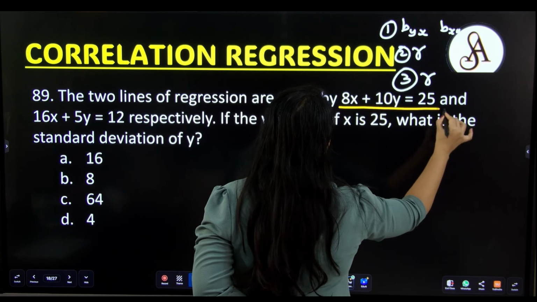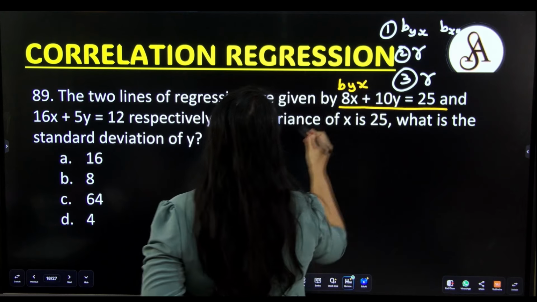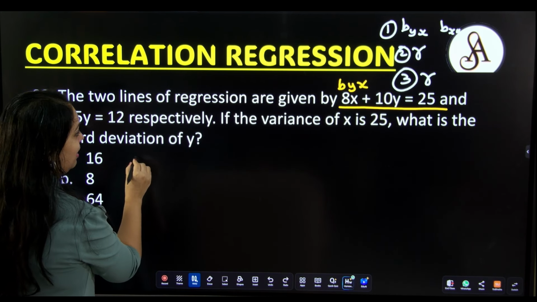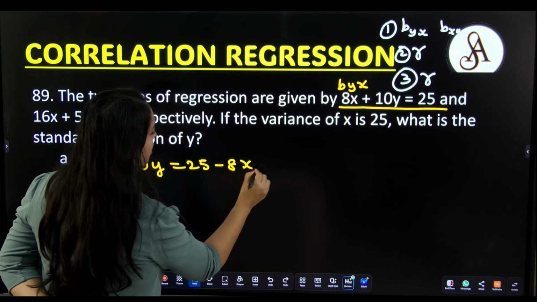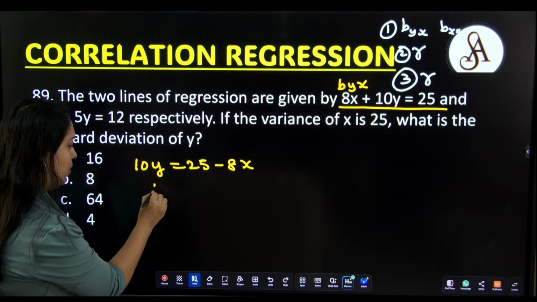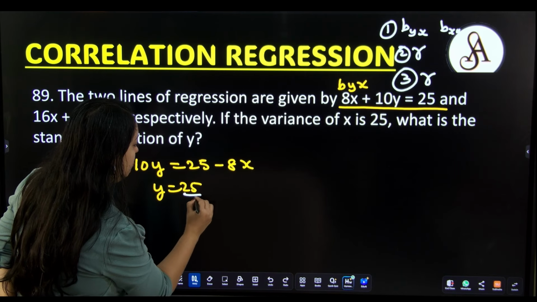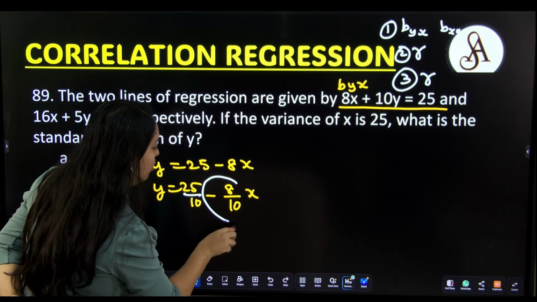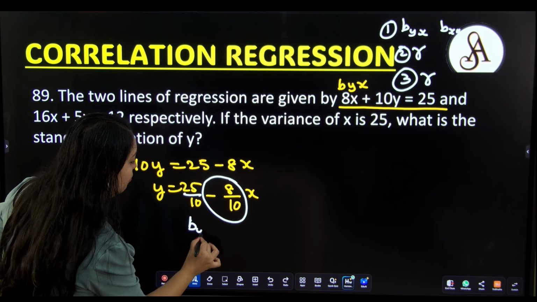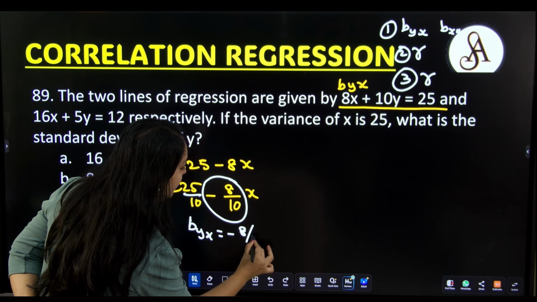I'll take the first equation as byx. So 10y is equal to 25 minus 8x. I want the byx value. Y is equal to 25 by 10 minus 8 by 10 x. What is there along with x is known as the byx value: minus 8 by 10.